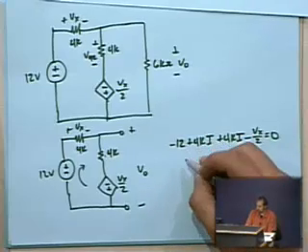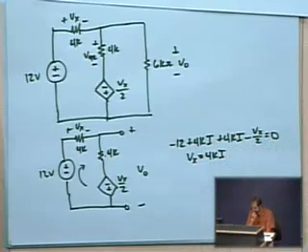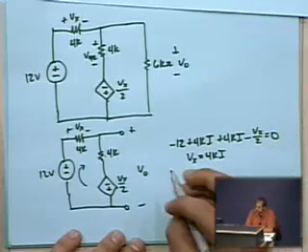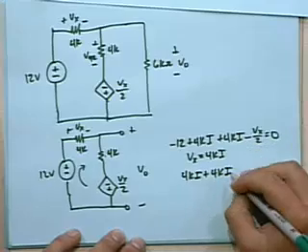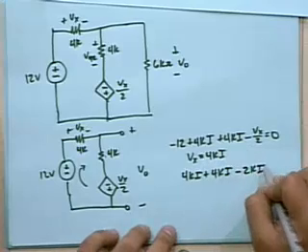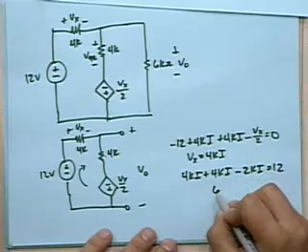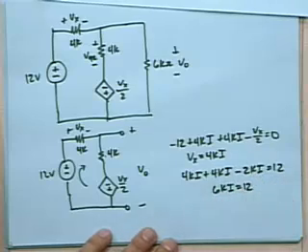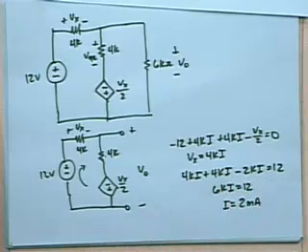We need to write our controlling equation, which is Vx equals 4K times I. So we can stick that in here. That's 4K times I plus 4K times I minus 4K over 2, or 2K times I, equals 12. So 8 minus 2 is 6. 6K times I equals 12, so I equals 2 milliamps.